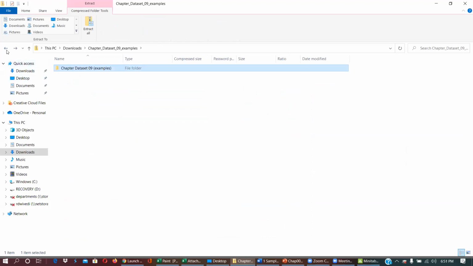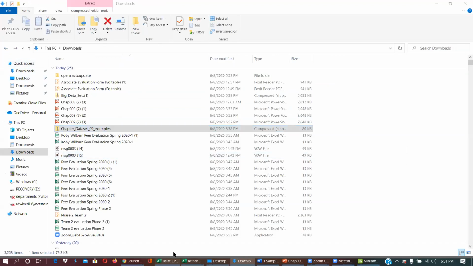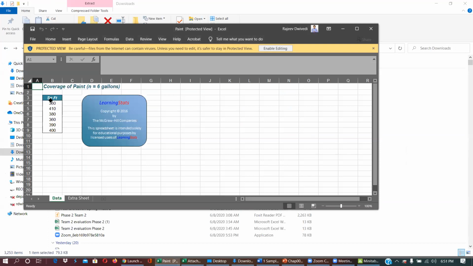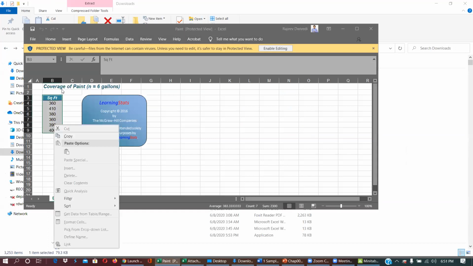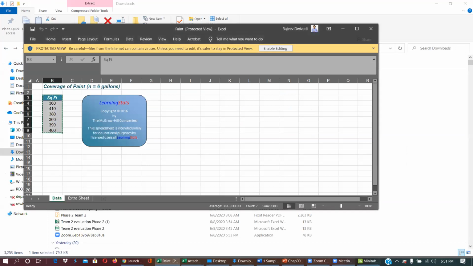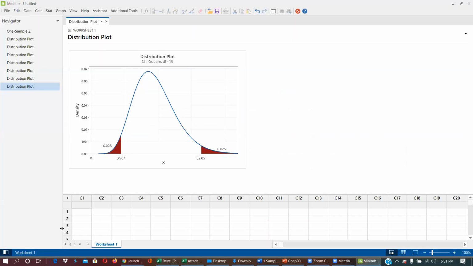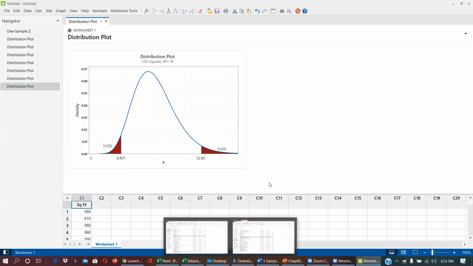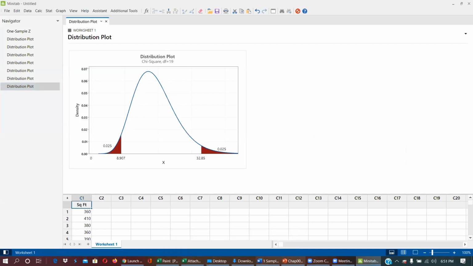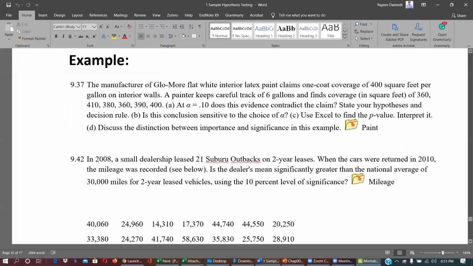Okay, here we have the paint data right here. Now let's read the question.